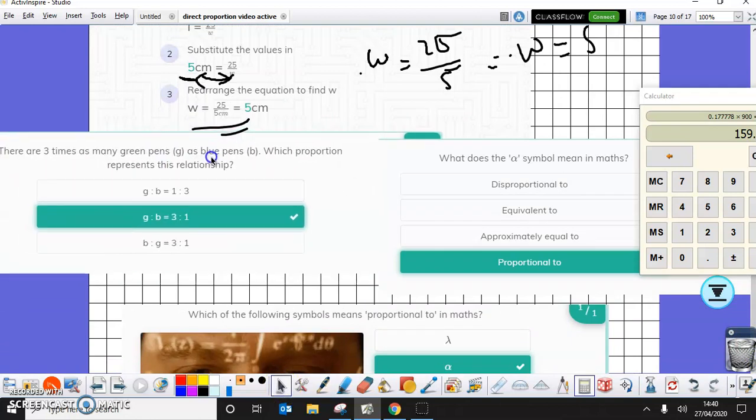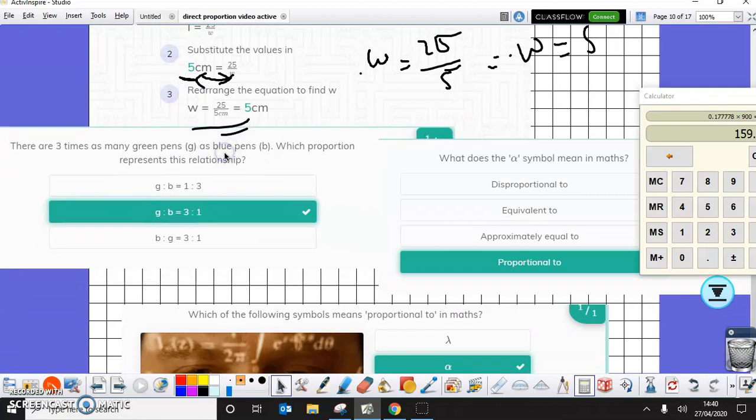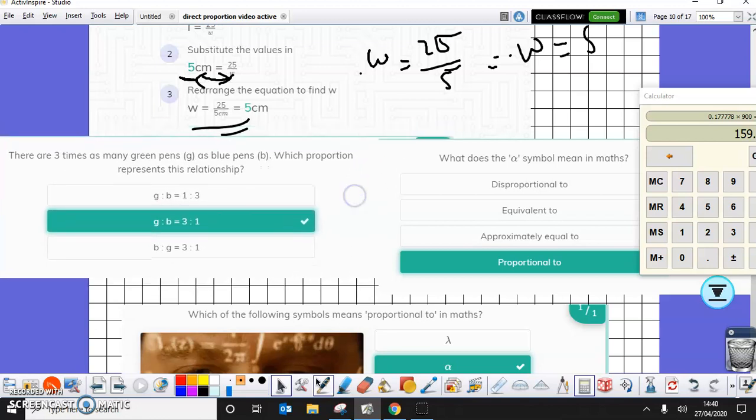Next one is back to, again, a worded question. There were 3 times as many green pens, so green is 3. Green 1, can't be that, blue 3, can't be that, so it gives us the correct answer just by reading the question. What does the proportionate symbol mean in maths?